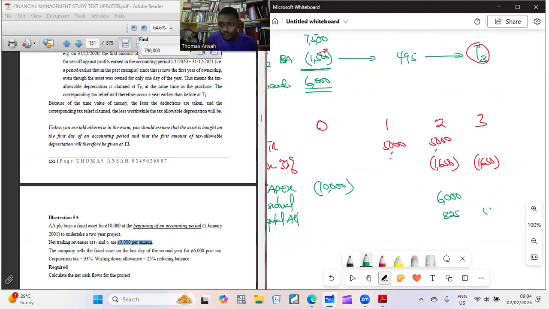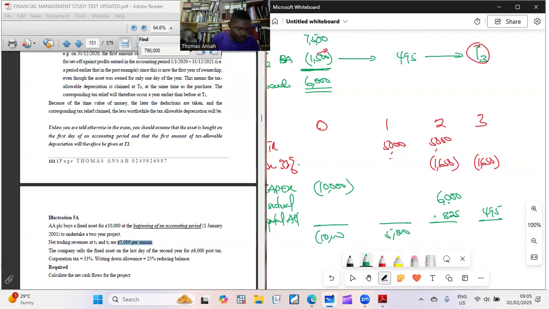So you now get your figures: 10,000, 5,000. So this one is what? 5,000 minus 1,650 plus 6,000. Because if this one was not post-tax, remember, tax didn't affect it. If it is not post-tax, you must make it post-tax. It is after-tax. You brought it after tax. So that is that.